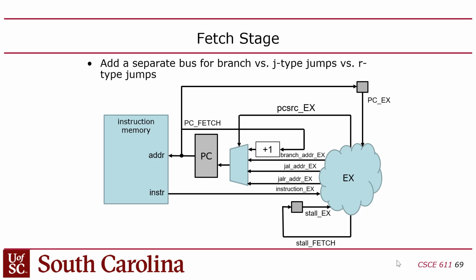Then you put that into a delay register, and the output of the delay register is called stall EX. So the stall EX is whatever the stall fetch was in the previous cycle, which means that when the control unit sees stall EX, that is a reminder to itself that it wanted to stall the next instruction, right? And so it basically uses that stall EX to disregard whatever instruction is being executed.